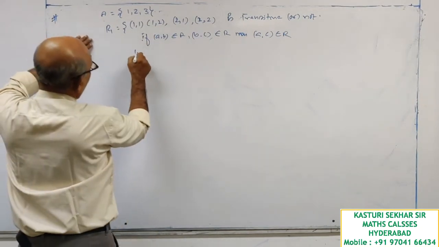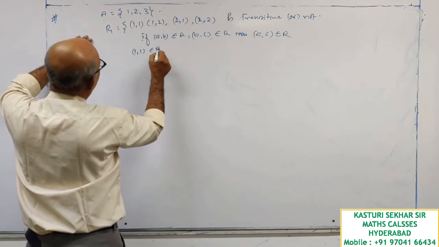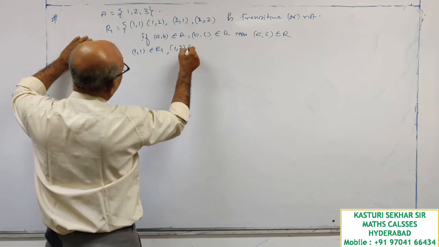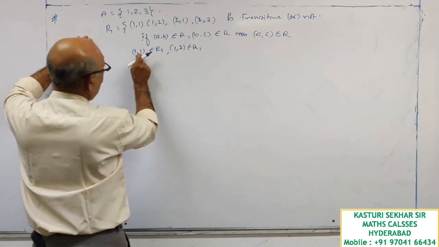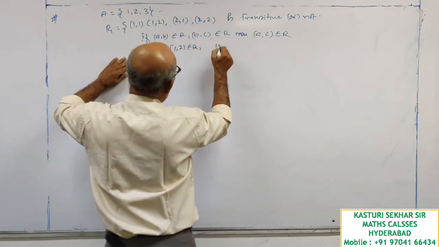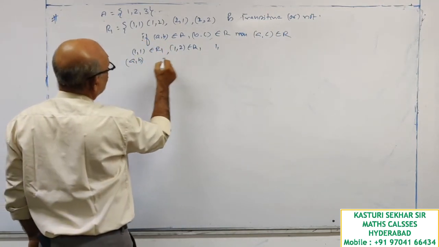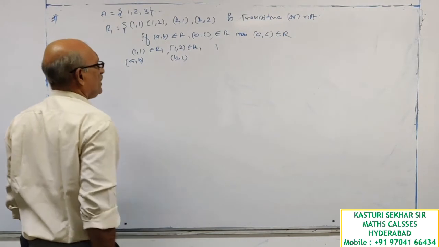Now consider these two, (1,1) related to R and (1,2) related to R1. Here it is (a,b), this is (b,c).